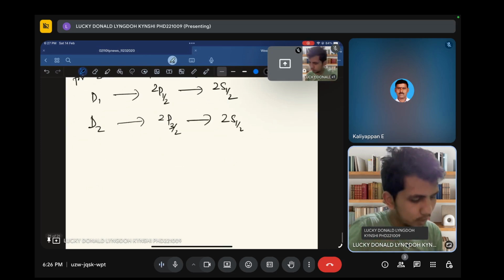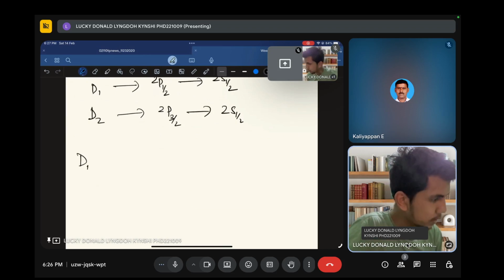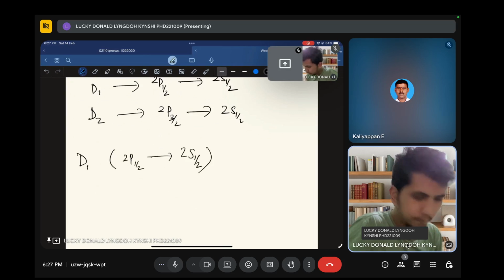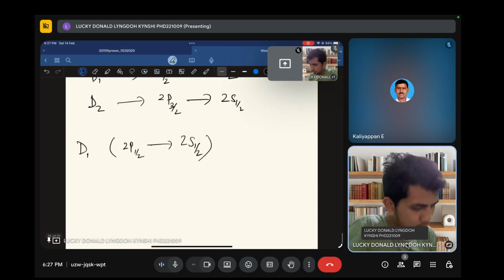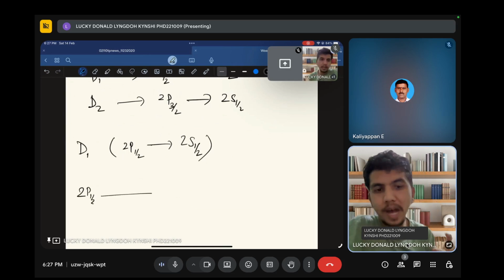Okay, we'll first solve the D1 line. D1 line is 2p 1/2 to 2s 1/2, right? So that means 2p 1/2, this is one transition. But remember, here is the anomalous Zeeman effect. That means you are talking about the J part also, the total angular momentum.